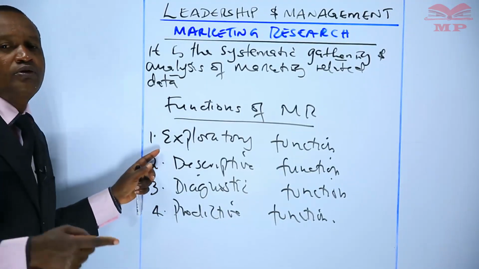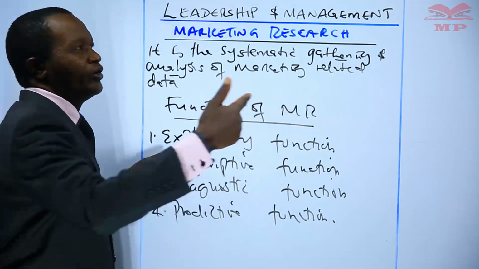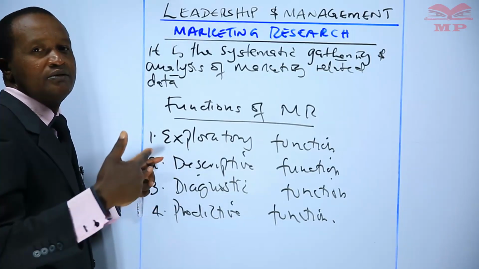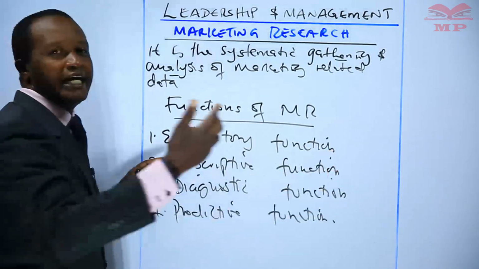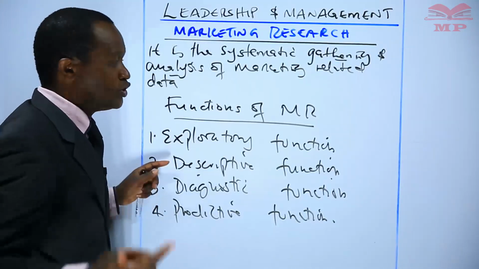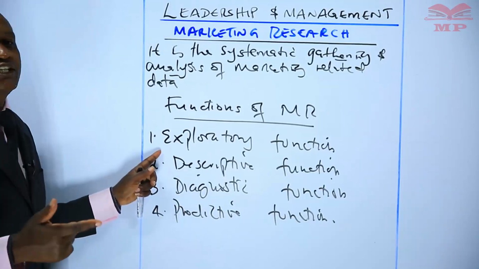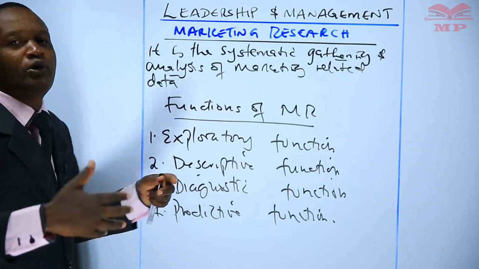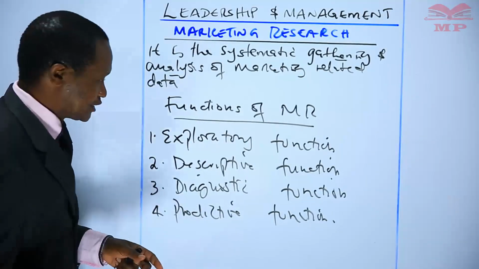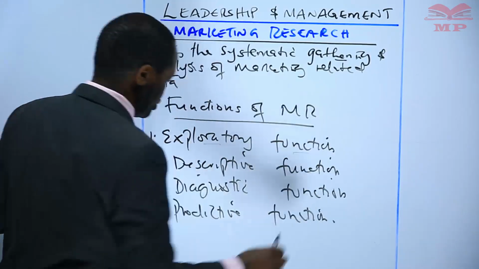For example, a company may be losing customers, or a company may be registering low sales. The sales may be declining, but managers are not sure why that is the case. So, marketing research can be used to explore some of the possible causes of loss of sales or customers. That is the exploratory function.